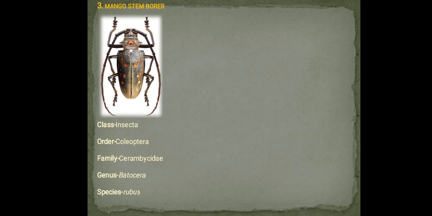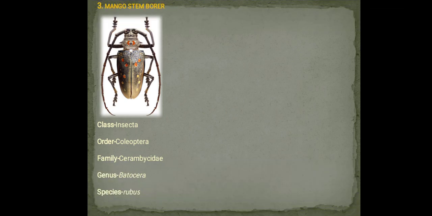It belongs again to the class Insecta, but the order is different. The order is Coleoptera. Why is it included in Coleoptera? Because the wings are hard. In Coleoptera, the wings of this insect are hard and covered with the protein chitin. Then it belongs to family Cerambycidae, genus Batocera, and species rubus.